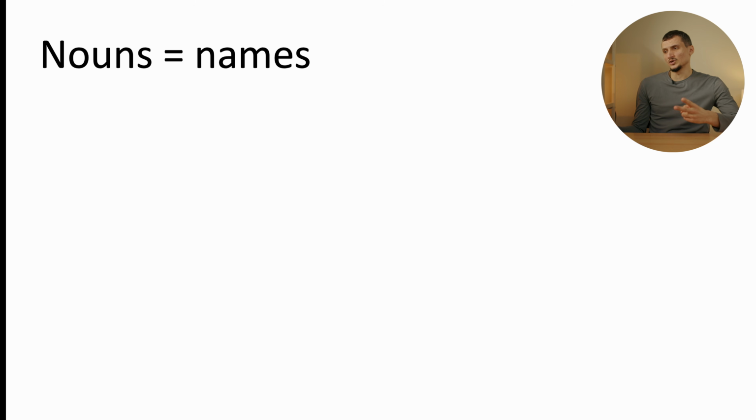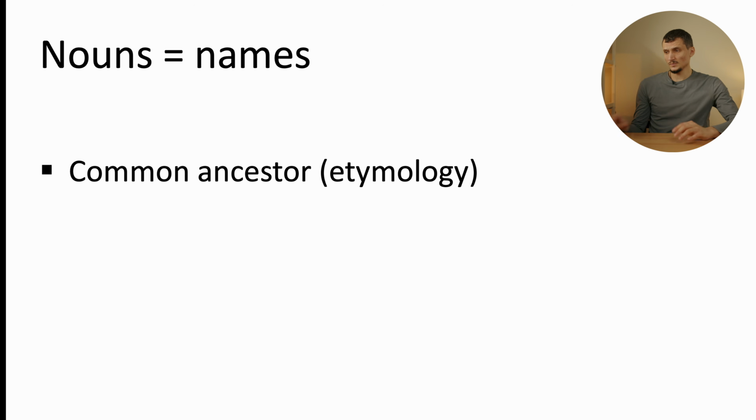Now, the second thing to keep in mind, and what I think is very important, is that basically nouns are names. Etymologically, and etymology is the branch of linguistics that deals with word origin, if we go back in time enough, then the two words have the same origin, or rather have a common ancestor.